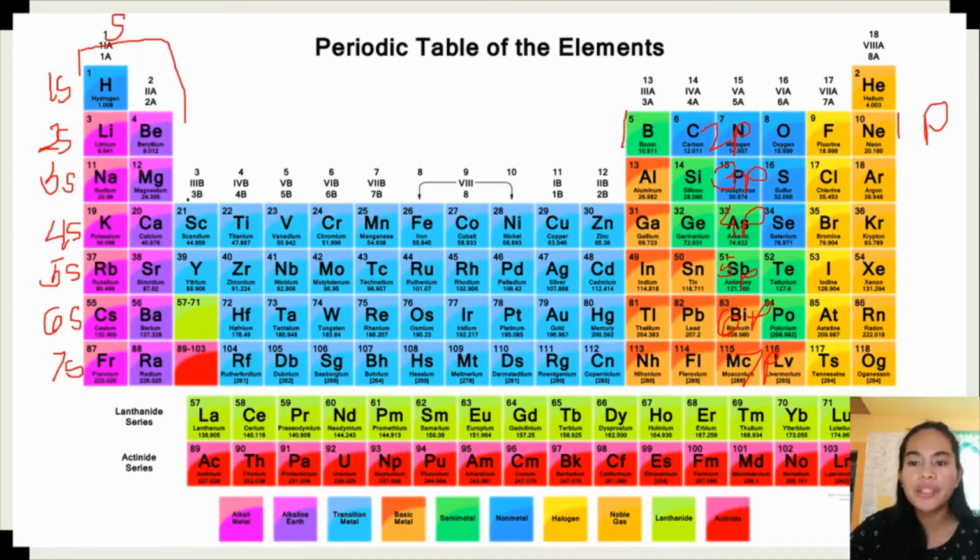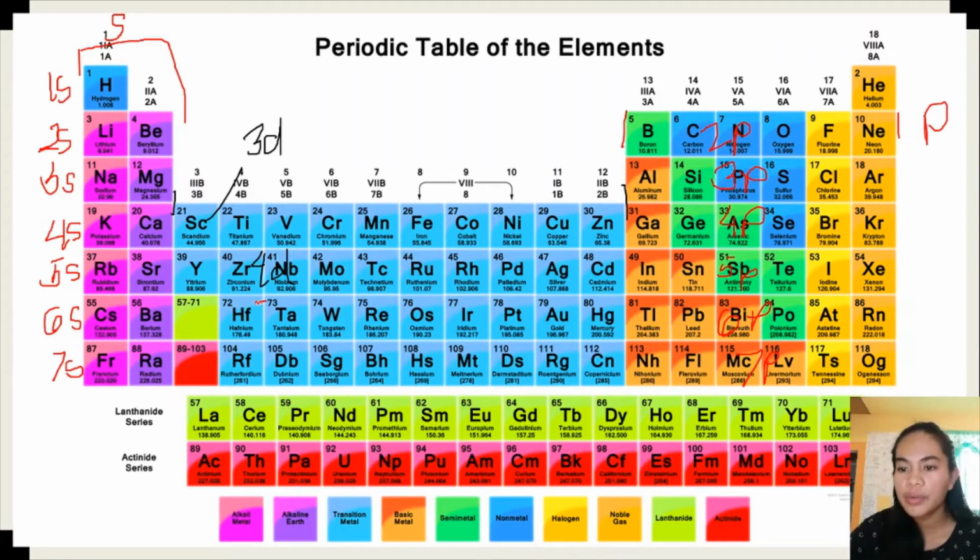Okay, after the P shell, we have the D shell. They start from scandium to zinc. This is 3d, and then this one is 4d. I think my ink is not seen.